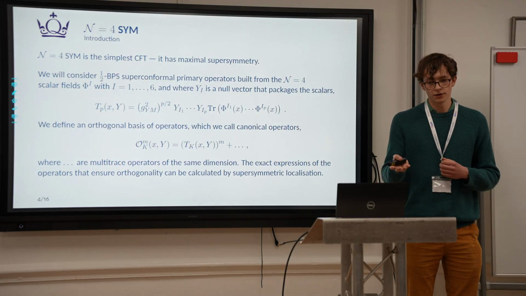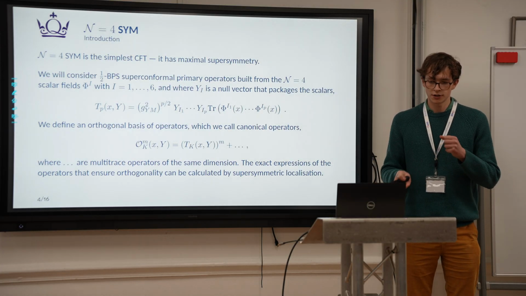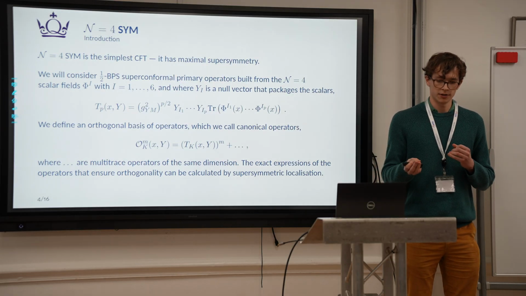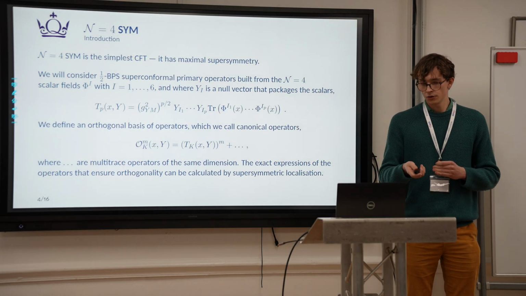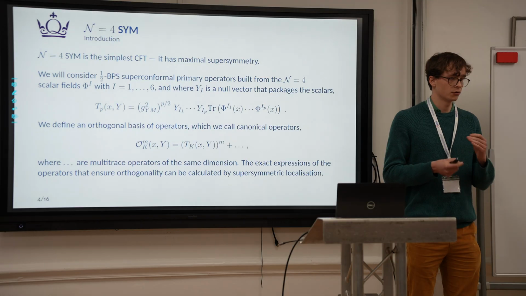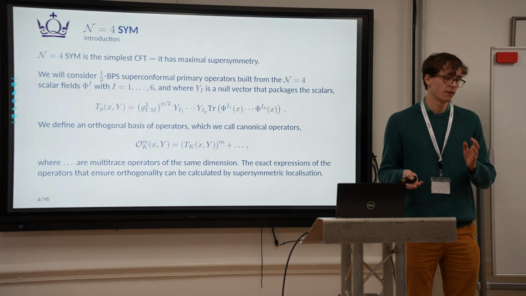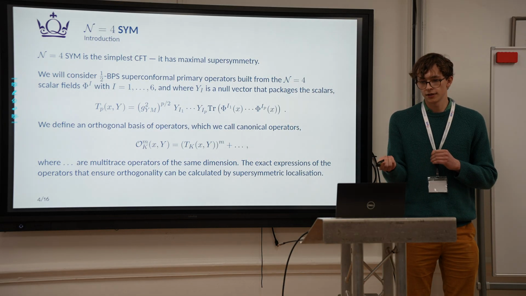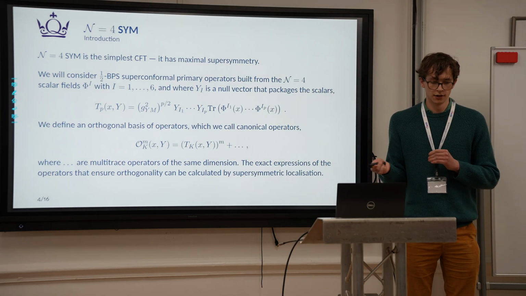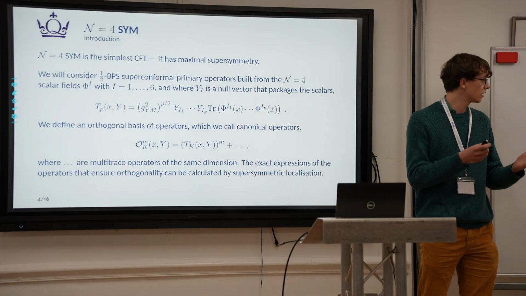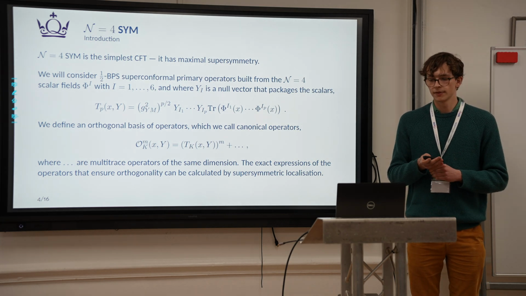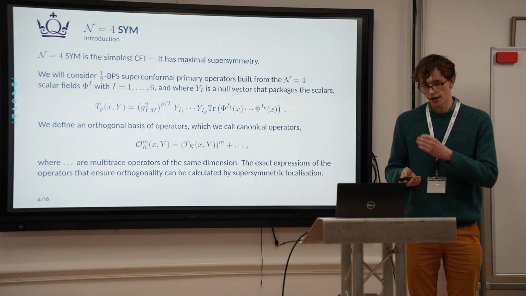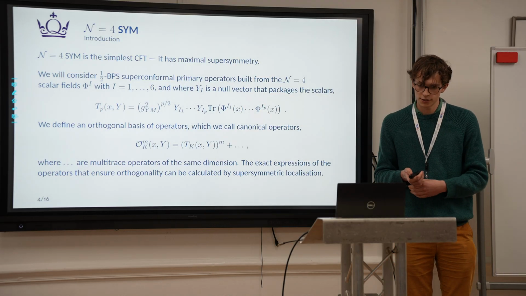And so we choose these other operators in such a way that ensures orthogonality. So all these canonical operators are orthogonal with each other with different n or k. So we can calculate the exact expressions using supersymmetric localization, which I'll cover a bit later. So these are the operators we will be considering.